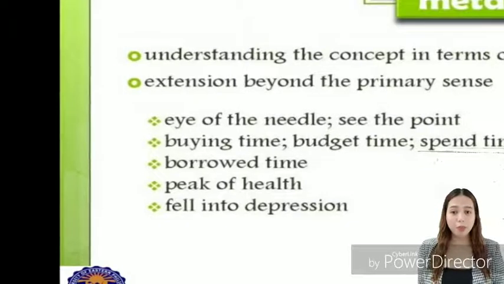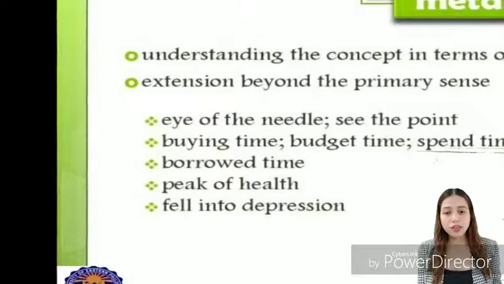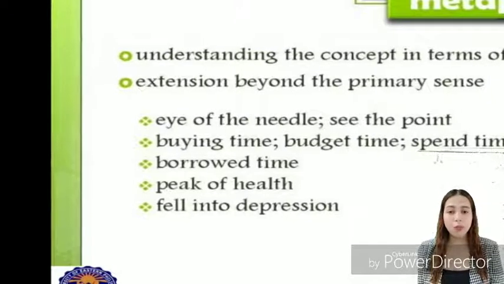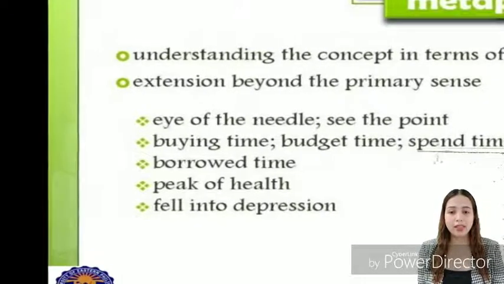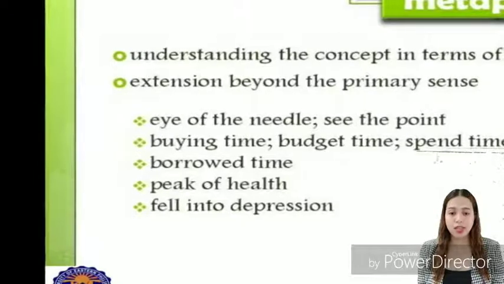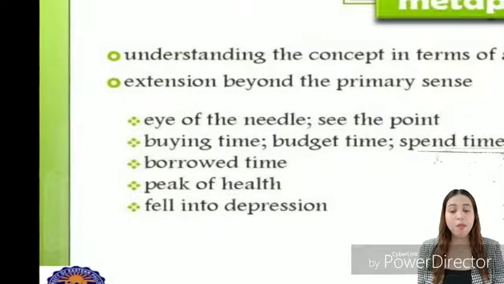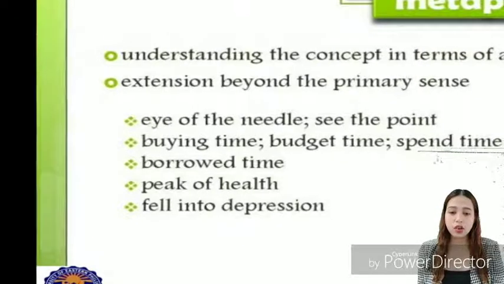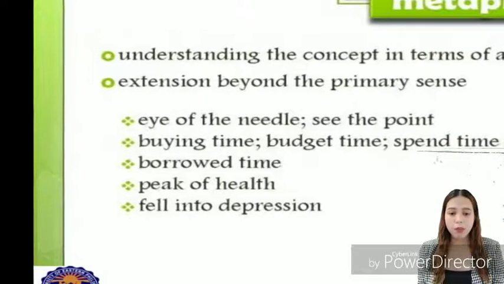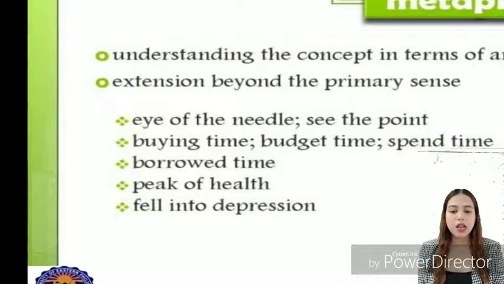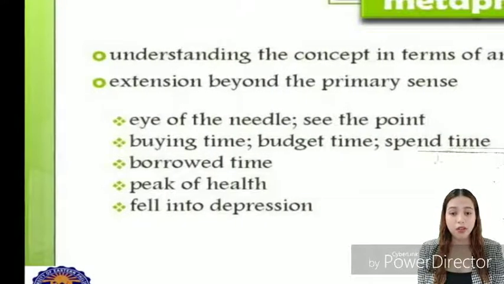Next we have metaphor. The difficulties in defining the distinction between polysemy and homonymy partly arise from the fact that language users often extend the primary meanings of words to form metaphors. A metaphor is an extension of the use of a word beyond its primary meaning to describe referents that bear similarities to the word's primary referent.